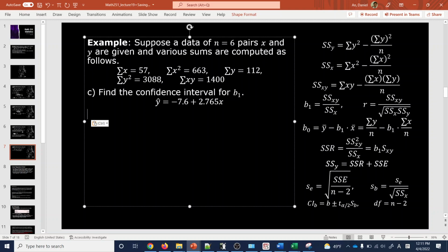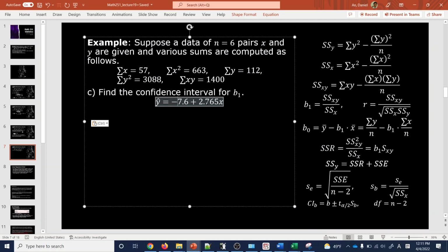And we don't know what will happen if we add more data. If we had the entire data of the population, then this would look somewhat different, right? So even these values, negative 7.6 and 2.765, are values that we're just estimating from the sample, and therefore they come with some confidence interval.